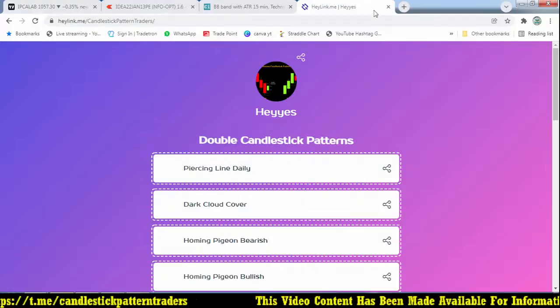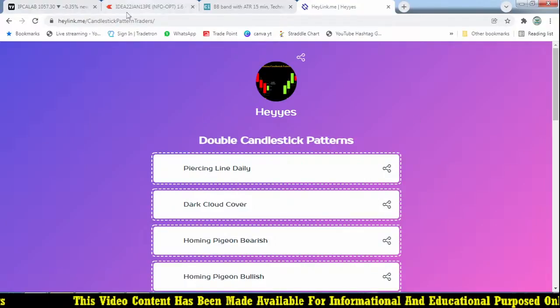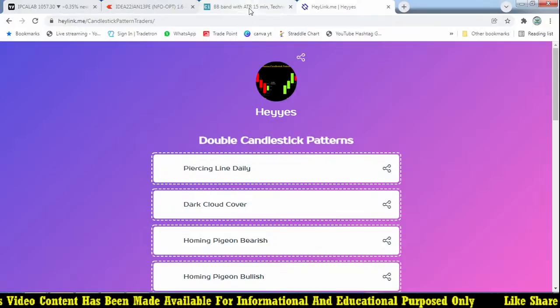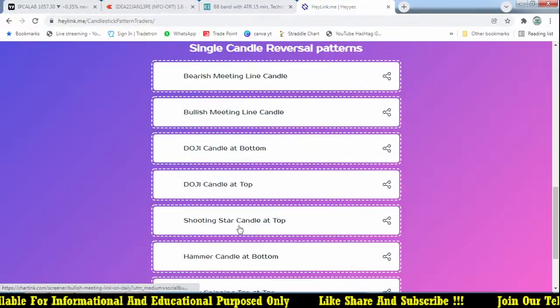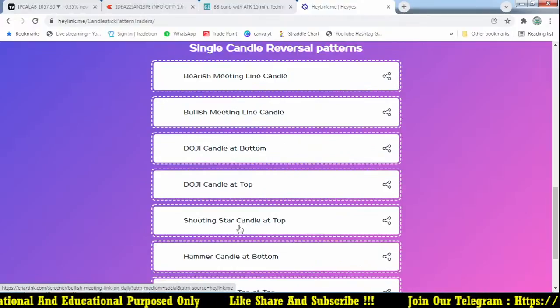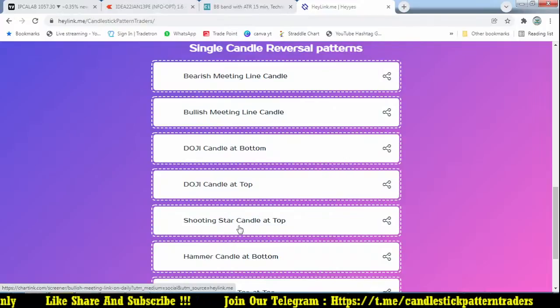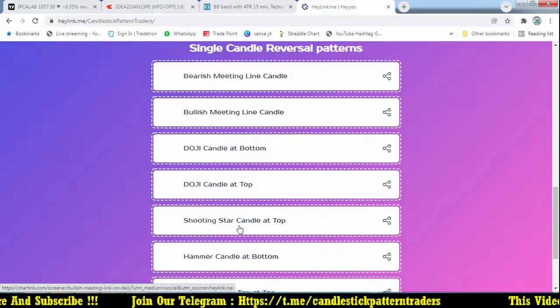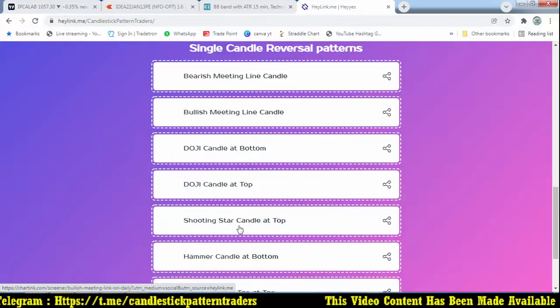Even if you take time to search, I have just given a link. If you click that link, within a minute you can access all my scanners. If you want to copy a scanner, you can copy and make whatever you want, and modify it as per your own. But if you want to do modification, you need to know how to do it, right?